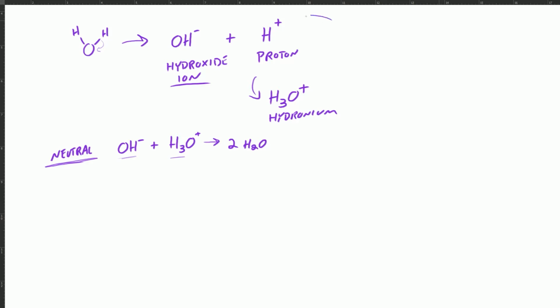But some materials add extra protons into solution, which creates a higher proportion of these hydronium ions. So for example, if I add hydrochloric acid to water, just like the oxygen steals the electron from hydrogen, the chlorine will steal the electron from hydrogen.